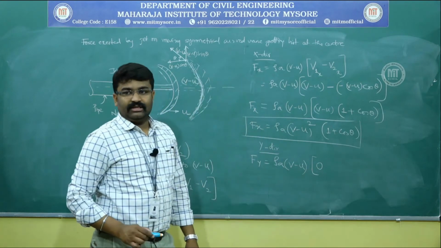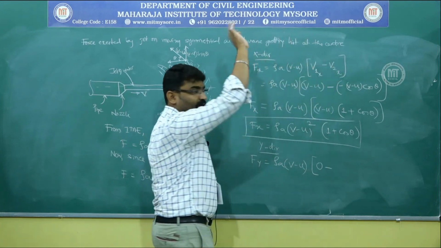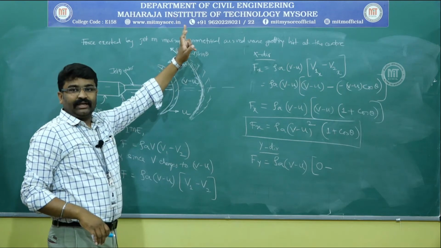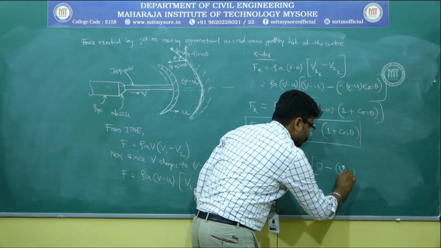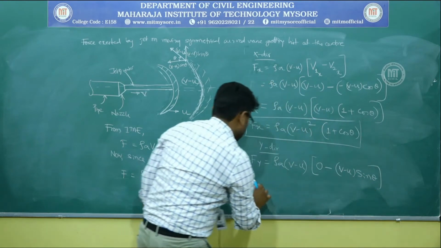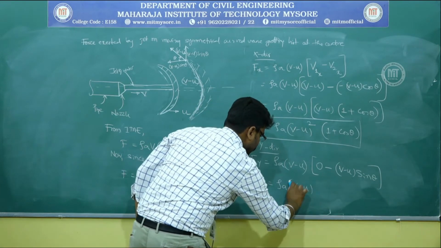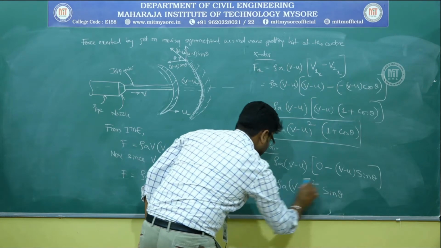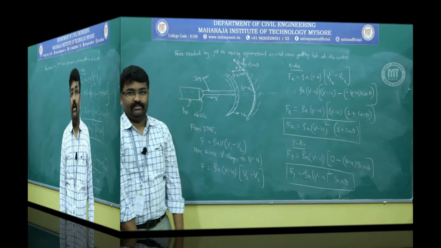So initial velocity in y direction becomes 0 minus v2 in y direction. v2 in y direction is v minus u sin theta in the positive direction. So on the whole, this can be written as Fy is equal to rho a into v minus u whole square into sin theta, but the entire thing with a negative sign.